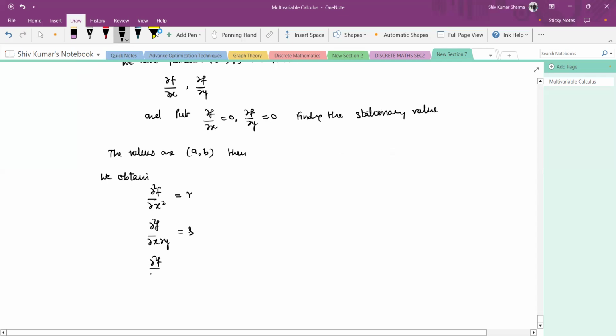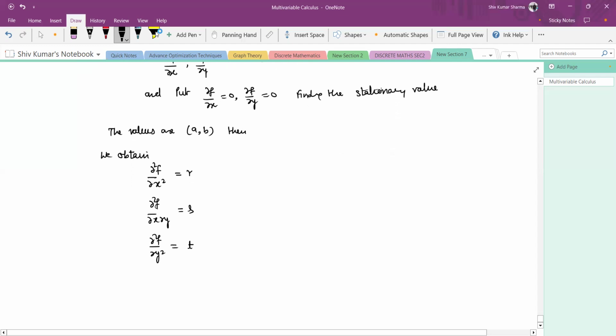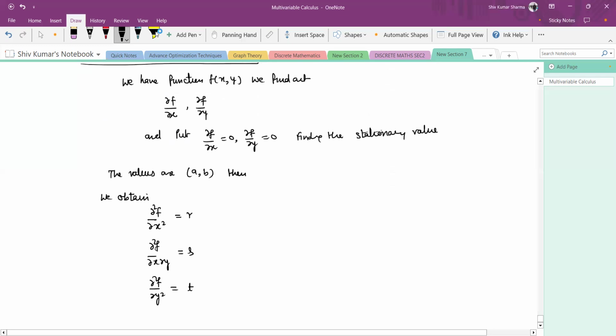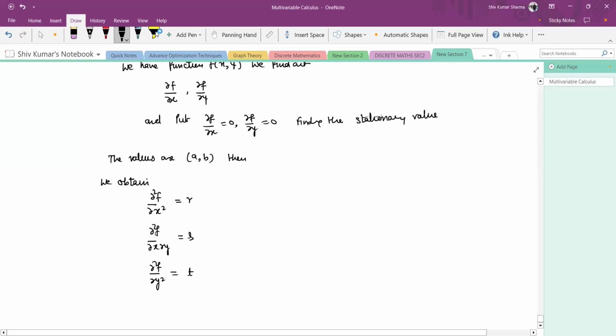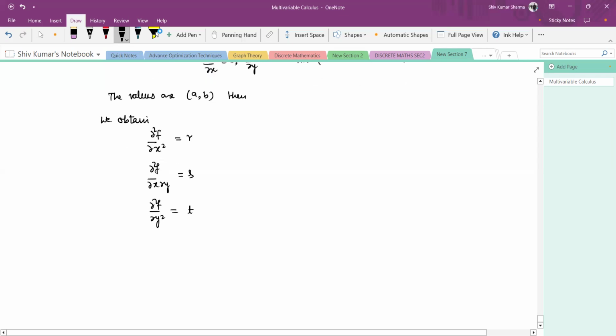Del square f upon del y square is denoted by t. So we obtain the second derivatives r, s and t. For the first derivatives, del f upon del x is denoted as p and del f upon del y as q.